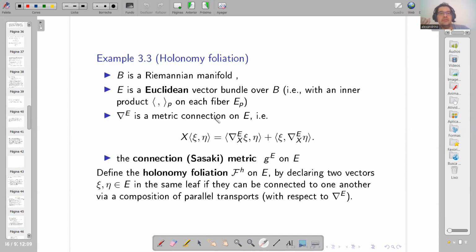And then consider the metric connections. Again, you can consider the Riemannian connection, or the normal connection in those classical examples. Okay, and then you put a metric on this bundle.